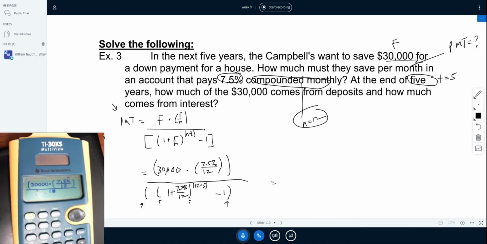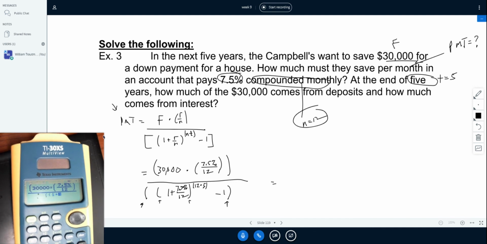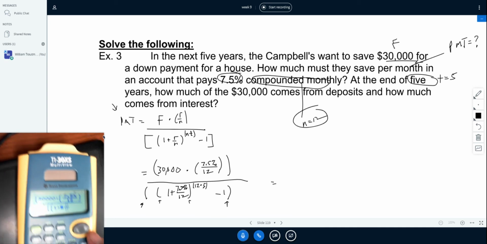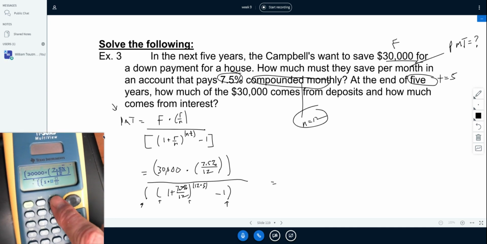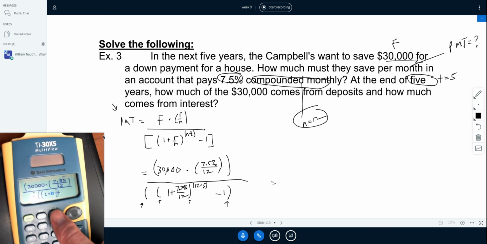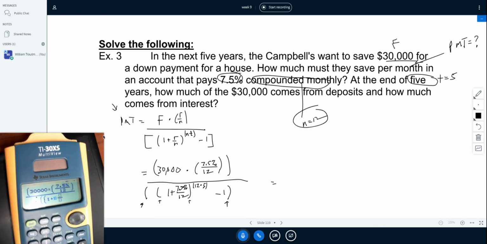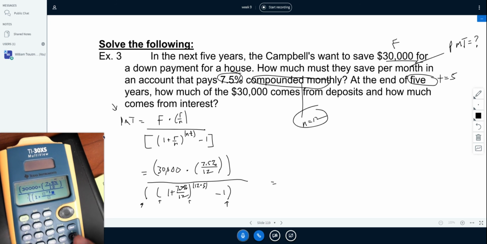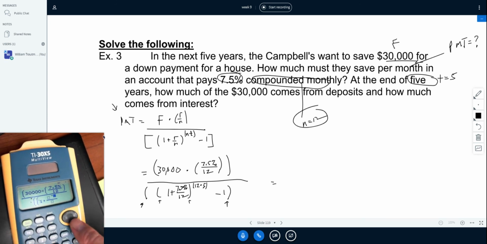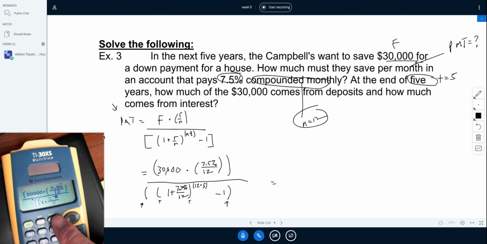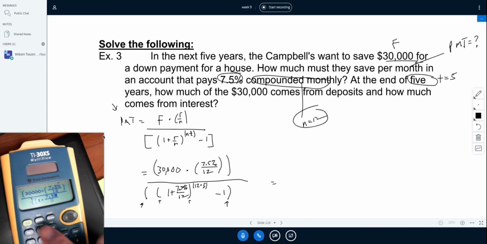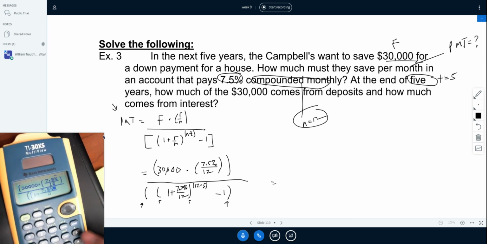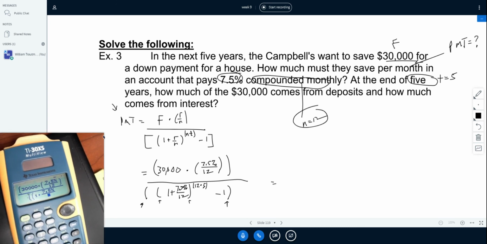I have 2 parentheses to start me off. 1 plus a fraction, 7.5%, a fraction, not a mixed number. 1 plus 7.5% over 12.